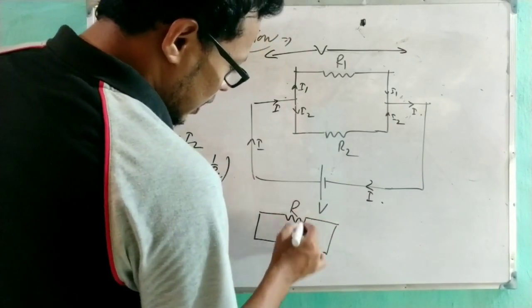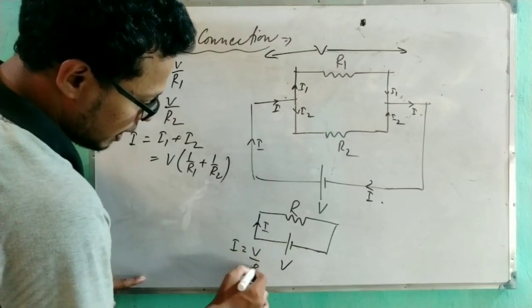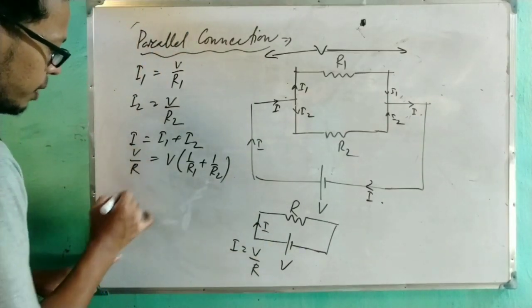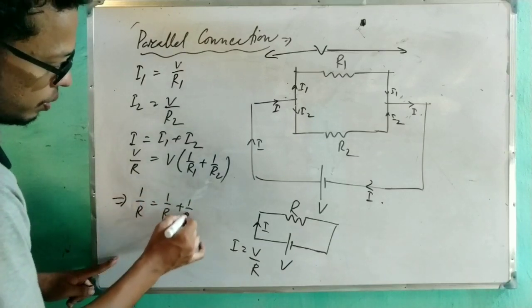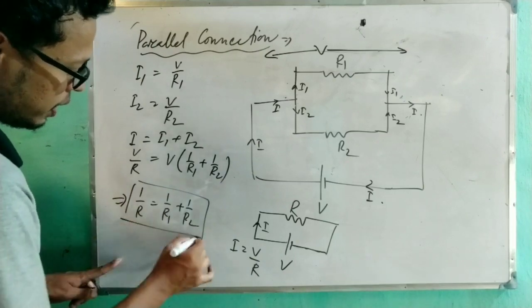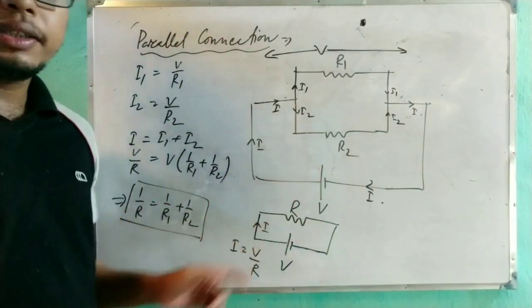With V and R, if the current is I, then I will be V by R. So put the value V by R here, then 1 by R equals 1 by R1 plus 1 by R2. This is the equivalent resistance when two resistances are connected in parallel.